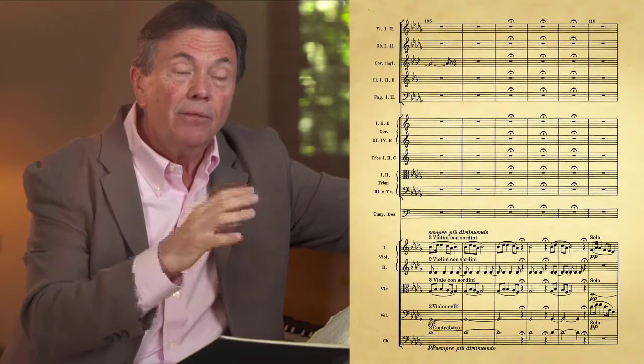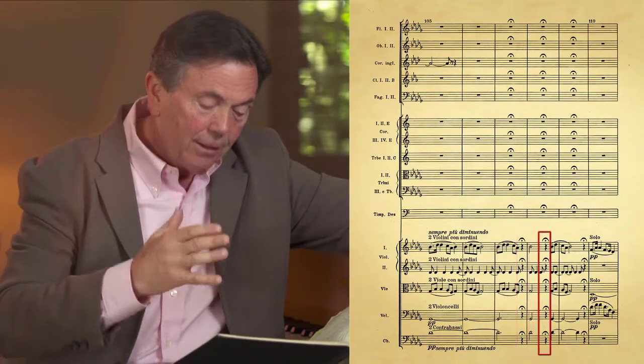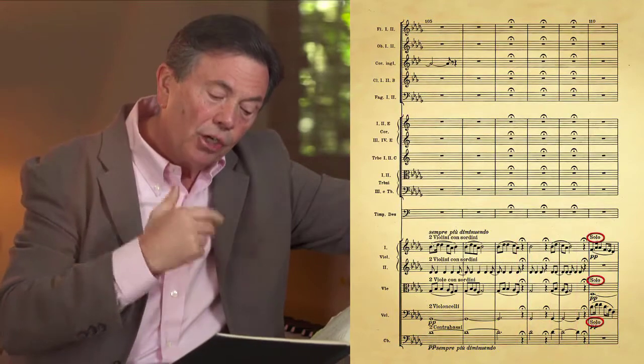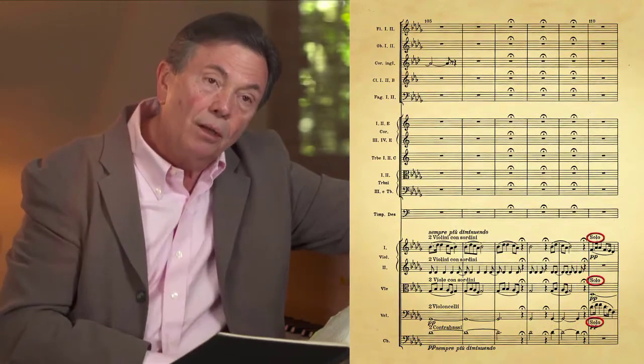What I'd like you to notice in this is the silences. He plays a little bit of this beautiful theme very softly and poignantly, and then there's a stop. And then he does it again, and there's another stop. And then he reduces it to just 3 players, a solo violin, a solo viola, and a solo cello.